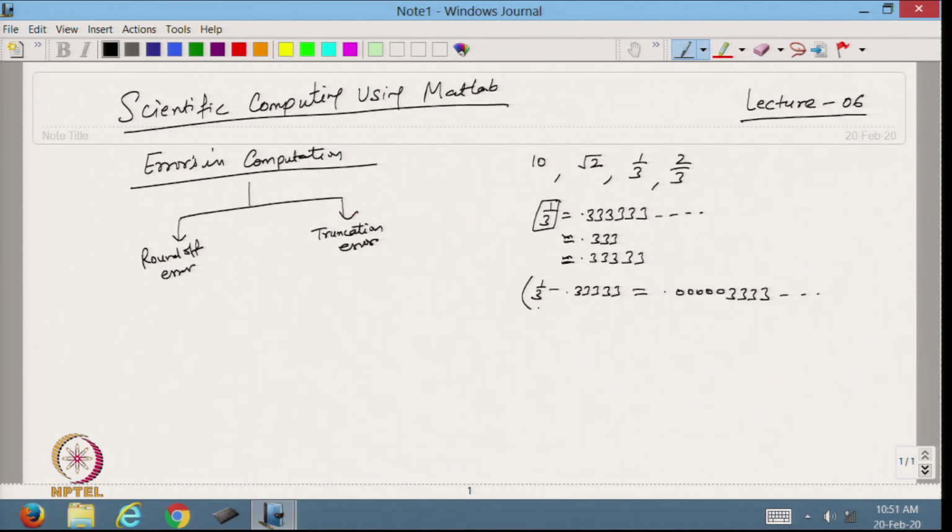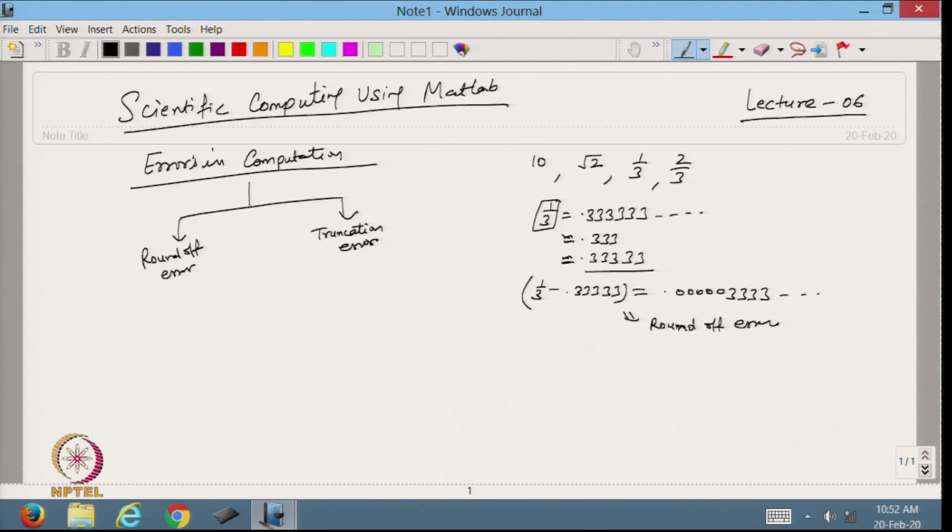This error we call the round off error, because in this case we have rounded off the number, and the remaining part is called the error.